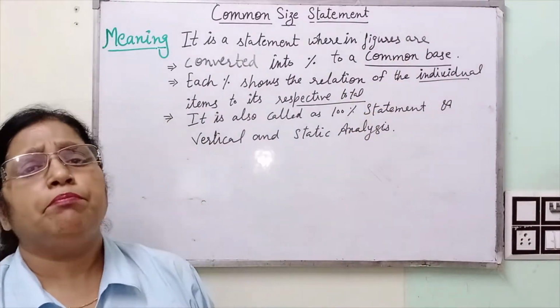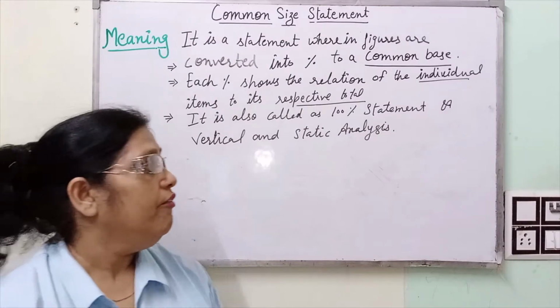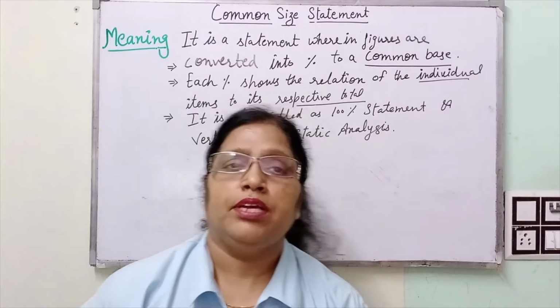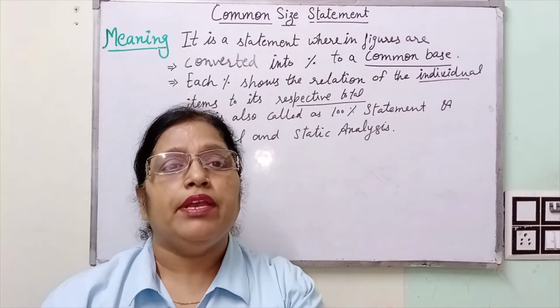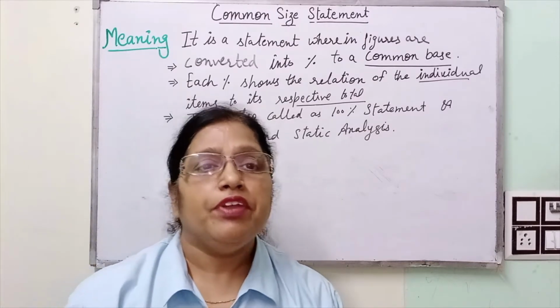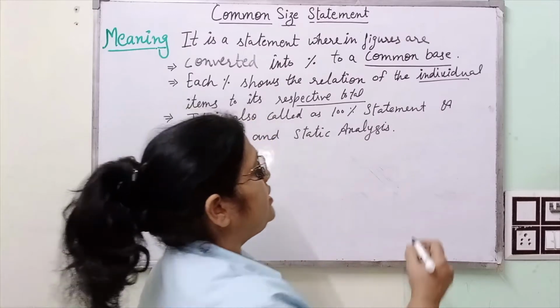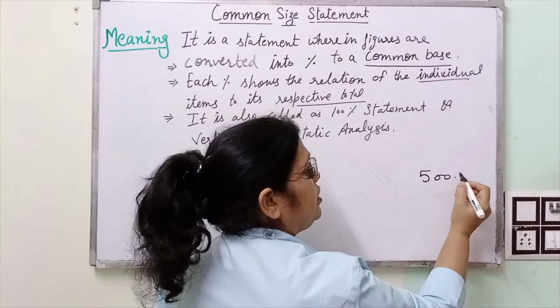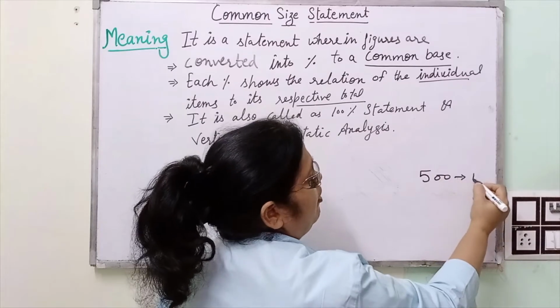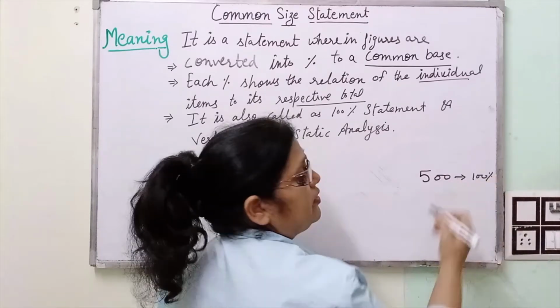I am taking a simple example. When you get marks in a board examination or in any examination, some total base is considered. In case of 11th and 12th, the total base is considered as 500. It means the person who achieves 500 will get 100%.